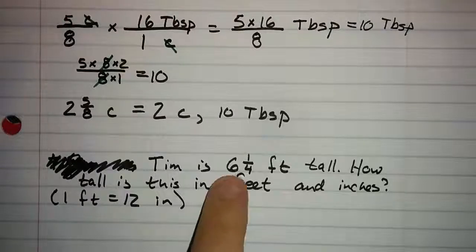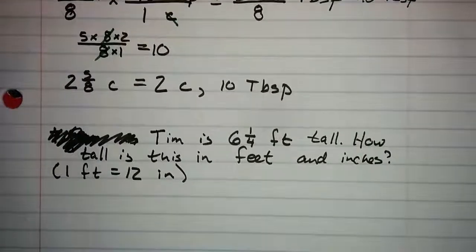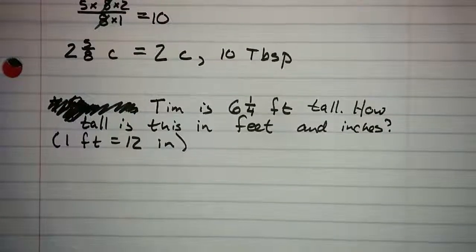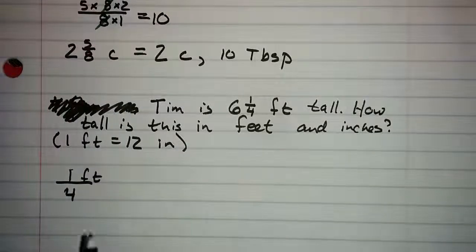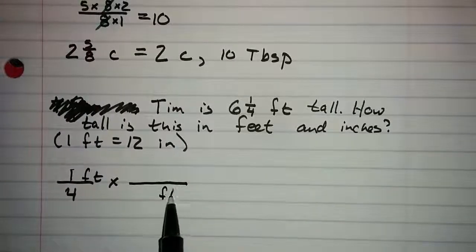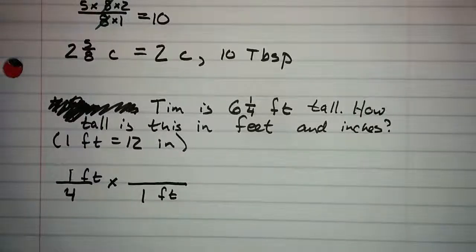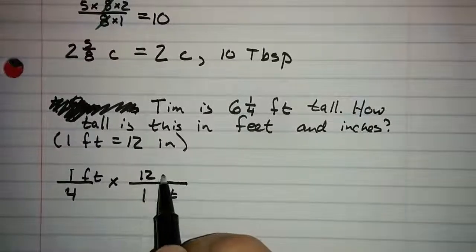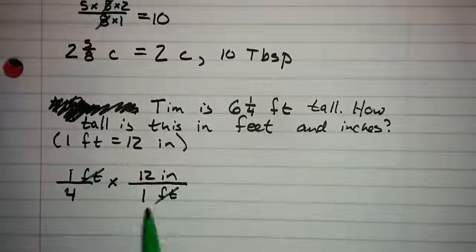All right. The whole number part is going to be my whole number of feet, so I'm going to ignore that for the moment. I'm just going to take my 1/4 foot, write it with 1 in the numerator, 4 in the denominator, times, I want to get rid of feet, so I'll have 1 foot in the denominator, 12 inches in the numerator. I see that the feet do indeed cancel.